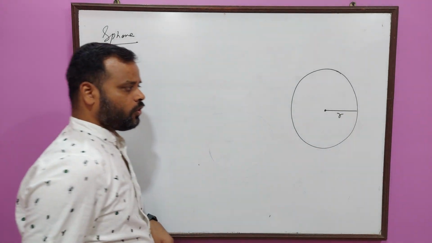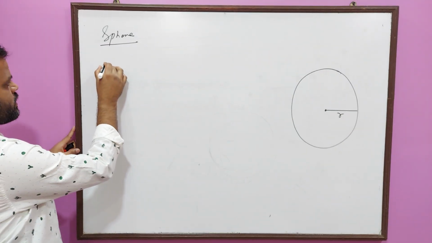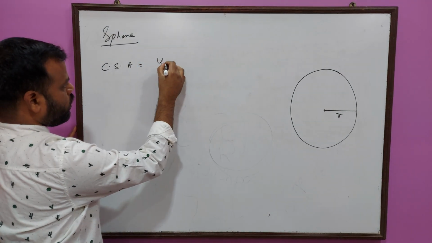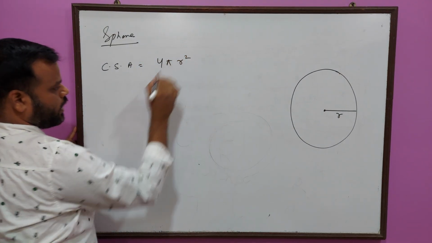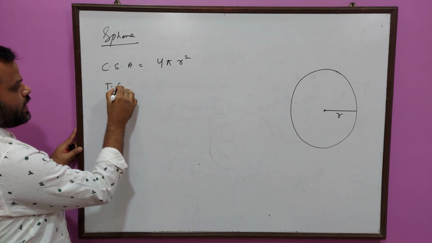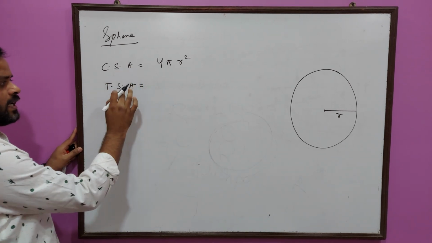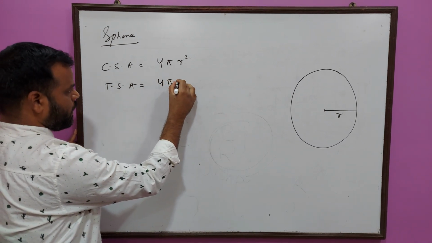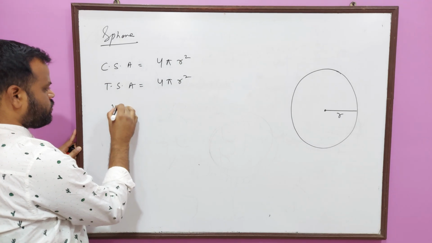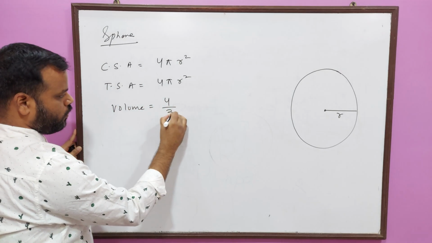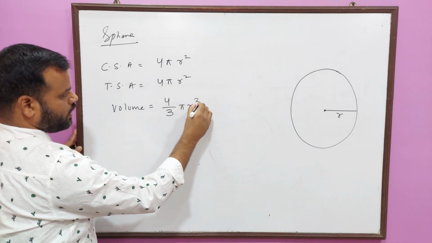Its CSA is given by 4 pi r square and its TSA is the same. CSA and TSA are the same, so it will also be 4 pi r square, and its volume will be given by 4 by 3 pi r cube.